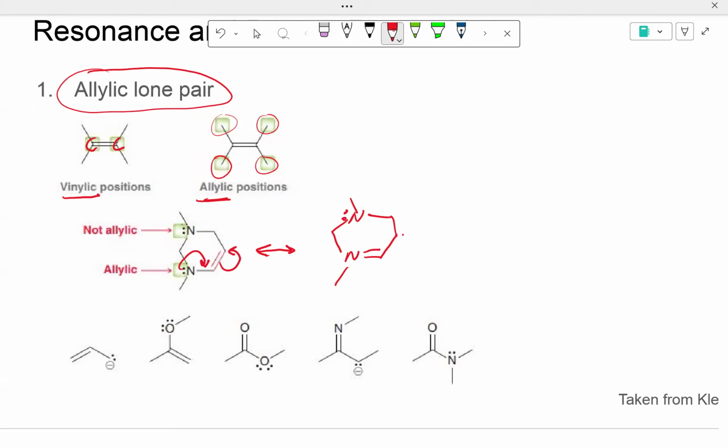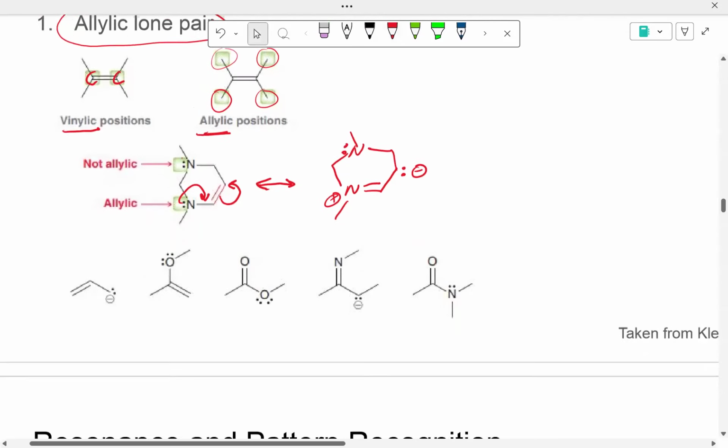And so I can now have a resonance form like this. That's a very, very common thing to do with allylic lone pairs.